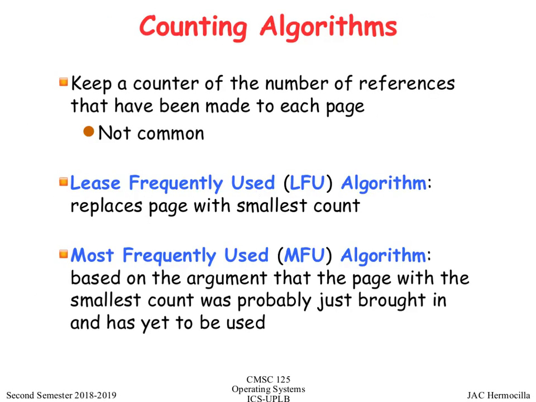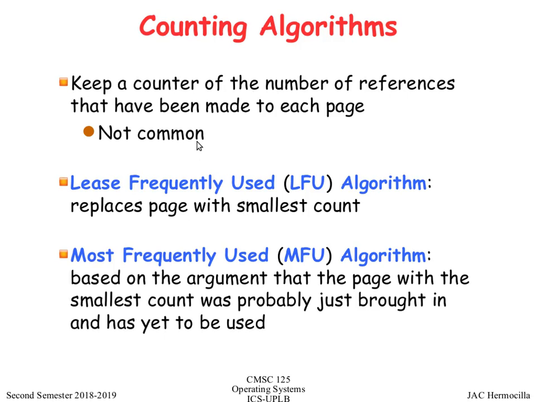There are other algorithms for page replacement. So you keep a counter of the number of references that have been made to each page. So again, kailangan mo ng additional data structures. Okay? So you have first the least frequently used, LFU. Okay? So given the counter, you replace the one with the smallest count.